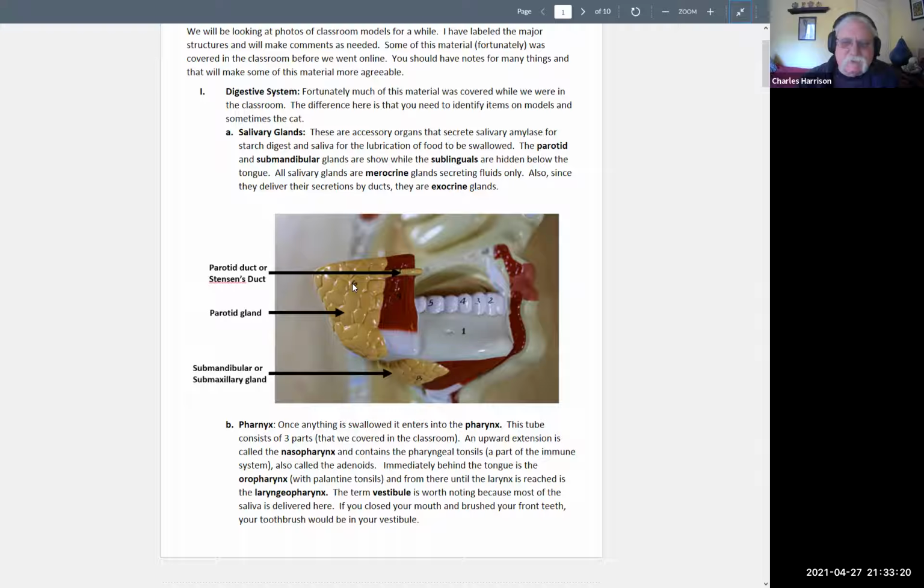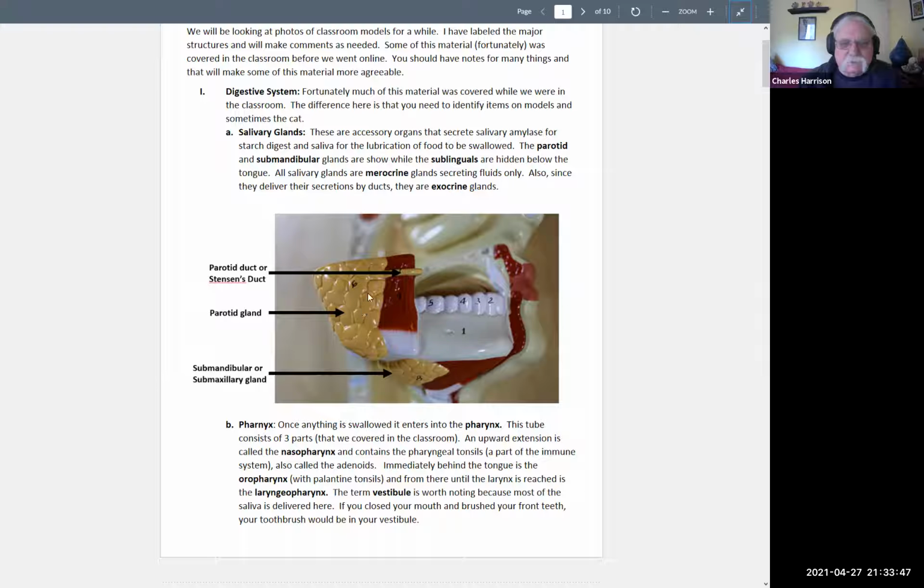This salivary gland and all salivary glands are exocrine glands. That means they have ducts. And in having ducts, they deliver their secretion to a specific location, as opposed to endocrine glands, which deliver their secretion or hormone into the blood system, and it goes everywhere.